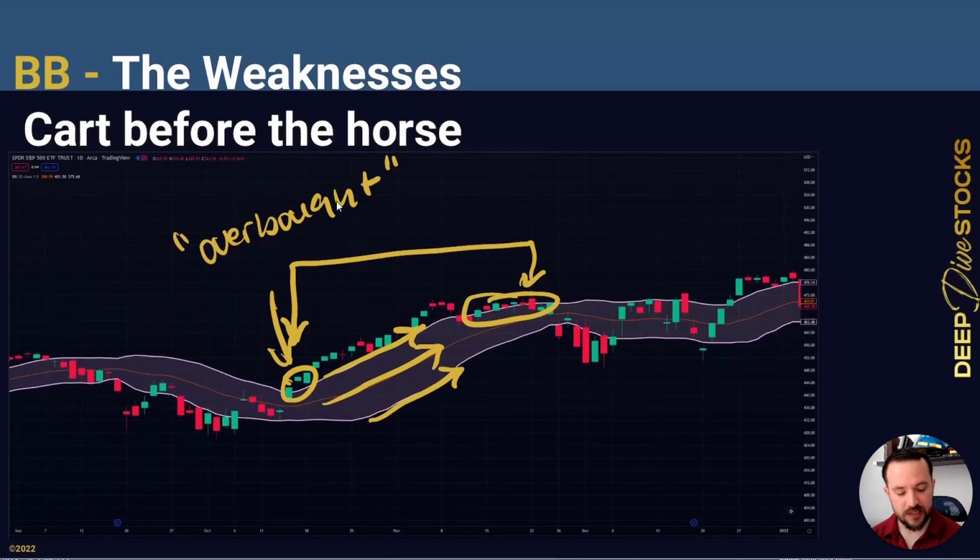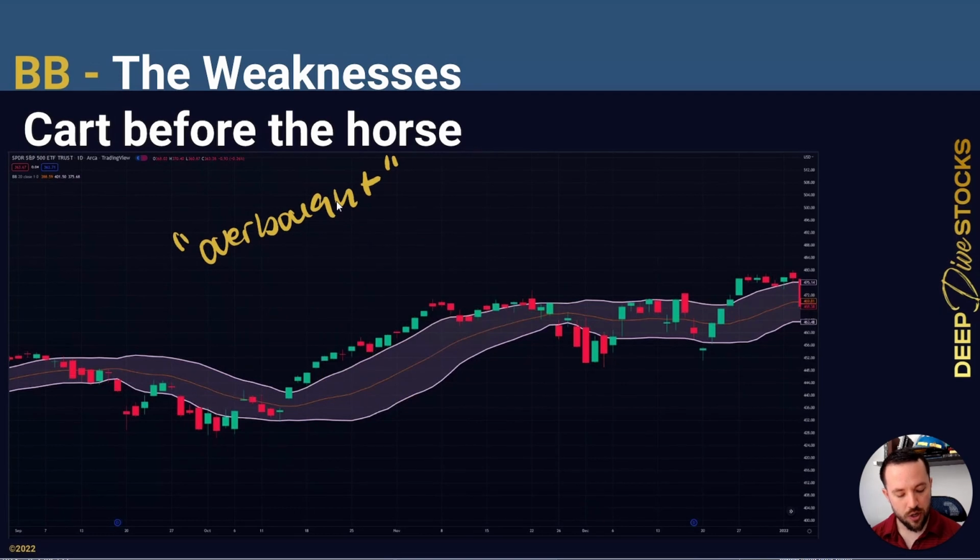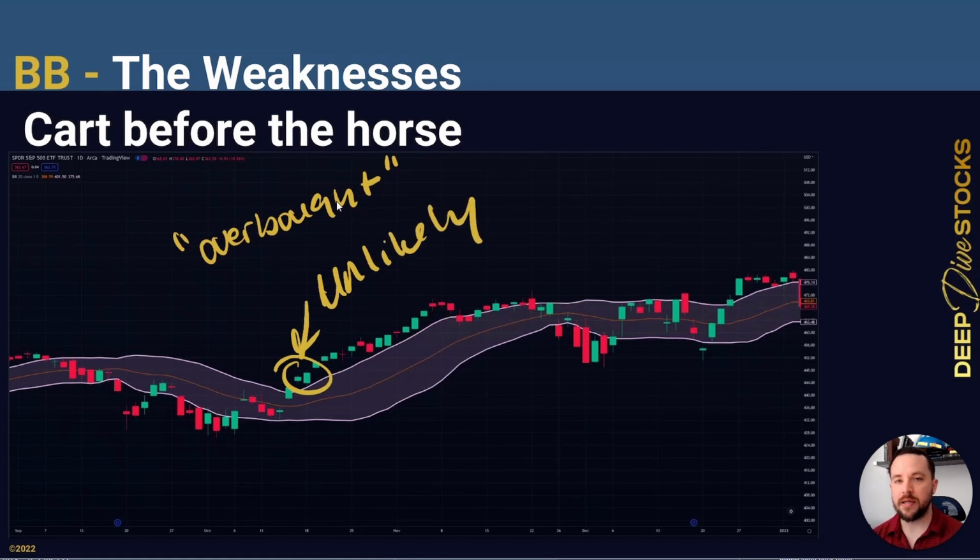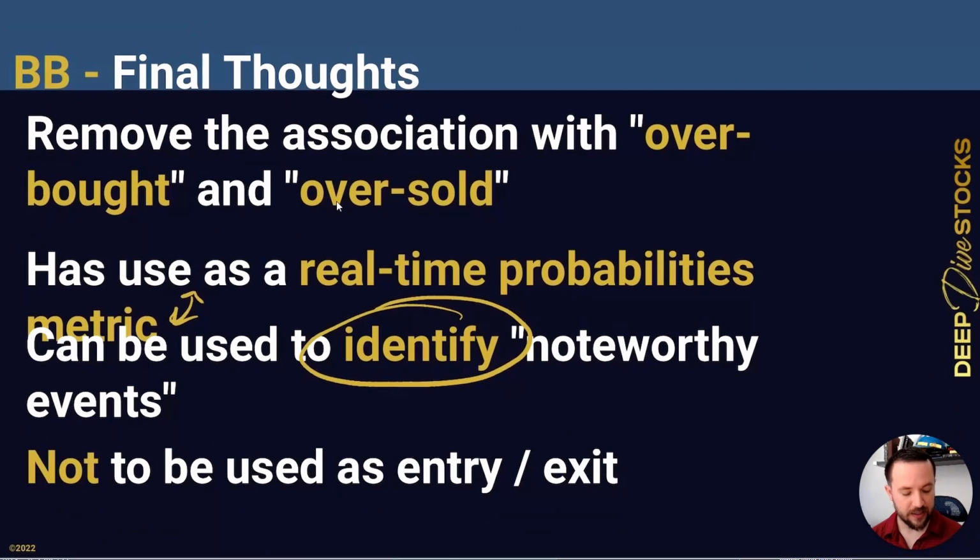For instance, if we see that a statistically unlikely price movement occurred here, well, that might make us want to investigate the stock, this ETF, to figure out why this price movement is like this. Is there something that I'm not aware of? Essentially, it's a red herring that lets you figure out if there might be something going on with the stock that is worth looking into.